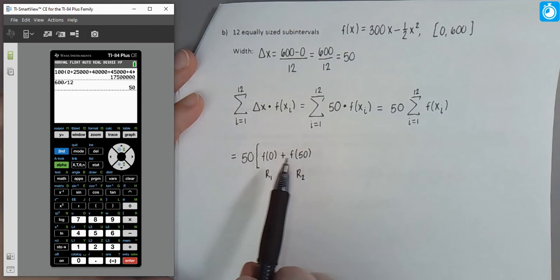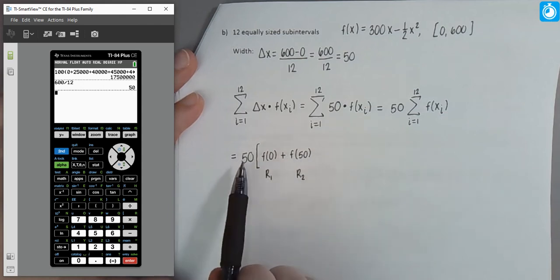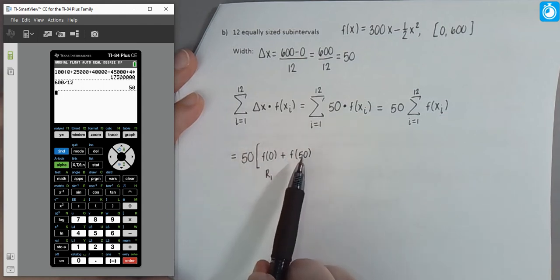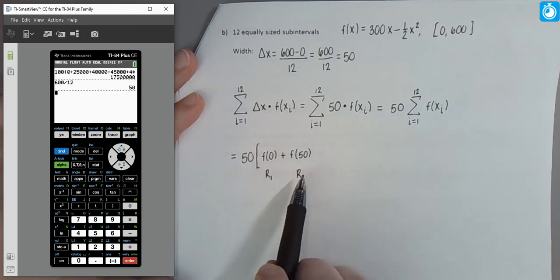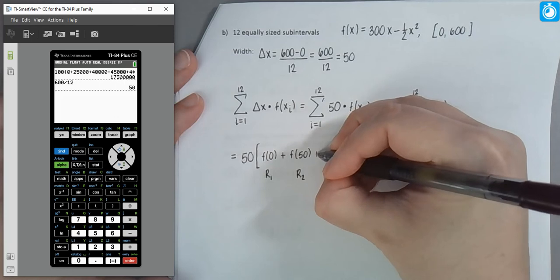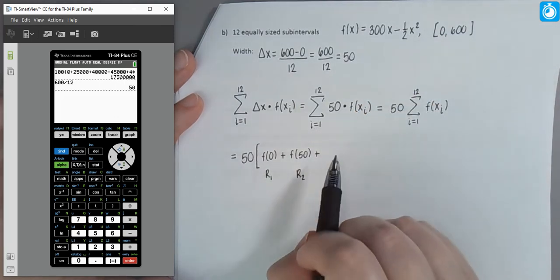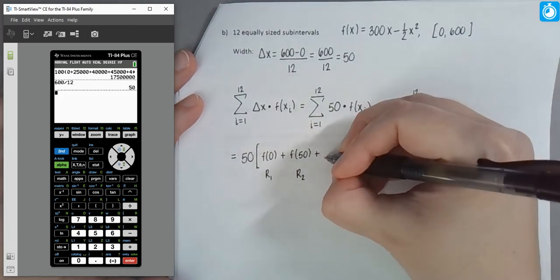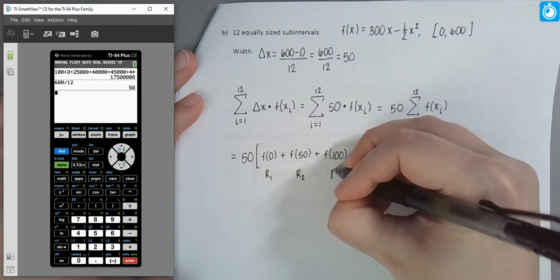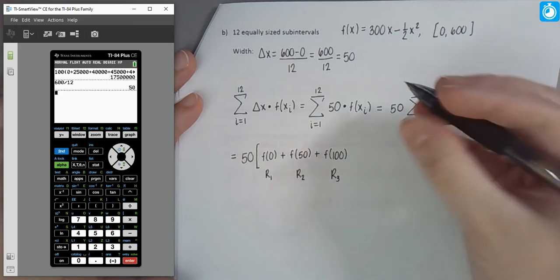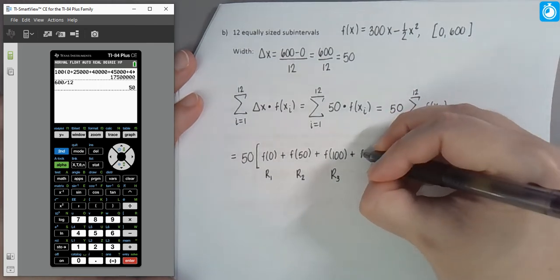Now keep in mind, these are not the areas of the rectangle, but if you were to distribute that common width, we would have the area. So these are the outputs, the heights associated with each of these rectangles. Okay, 50 units more across, so we go to 100. And by now you can probably see the pattern, but it is worth making a note. Make sure you get all the way to 12 rectangles.